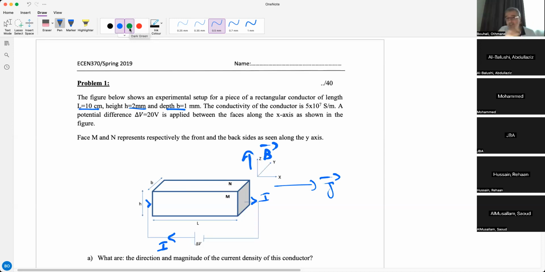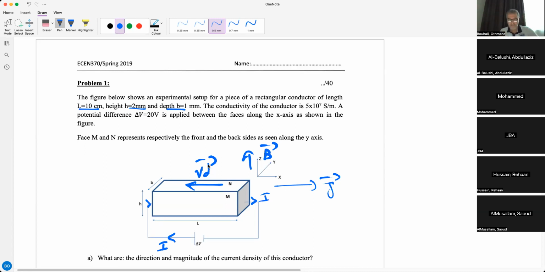So the drift velocity is going this way, along the negative x-axis, because, if you remember, the current is going in this direction, and the drift velocity is opposite, because the electrons are moving in the opposite direction of the conventional direction of the current, right?